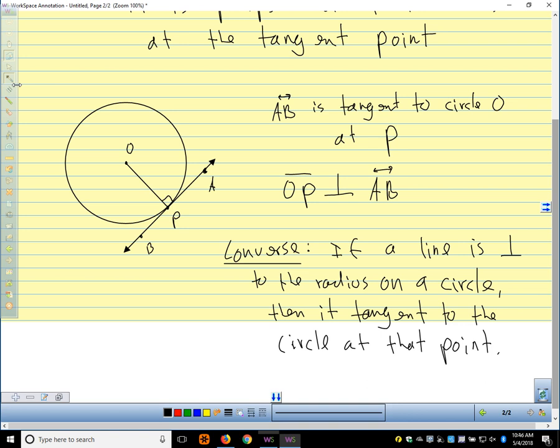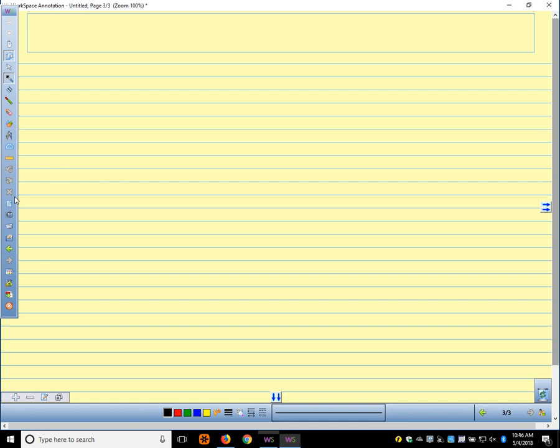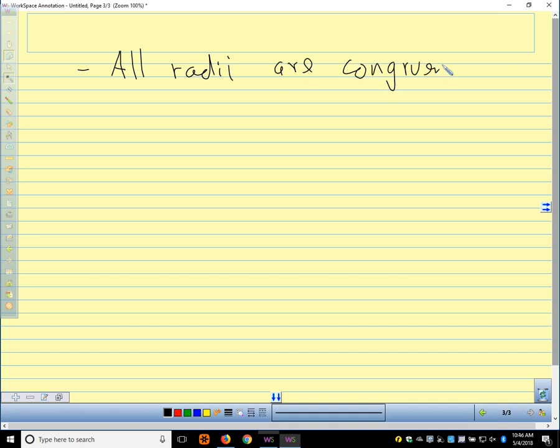Okay, I'm going to give you a couple of pointers for chapter 12, kind of like we had in chapter 7, when in doubt, write a proportion. In chapter 12, a couple of pointers. All radii are congruent. So remembering that all radii in a circle are congruent can help us solve problems.